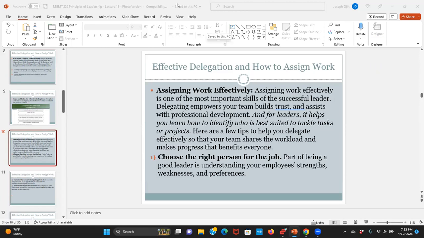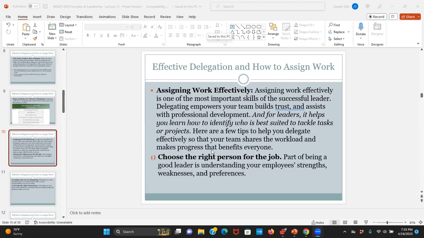And for leaders especially, delegating empowers your team, builds trust, and assists with professional development. So that's what you can see. And as for leaders, it helps you to learn how to identify who is best suited to tackle the task or the project.